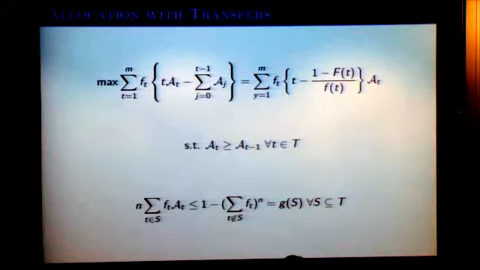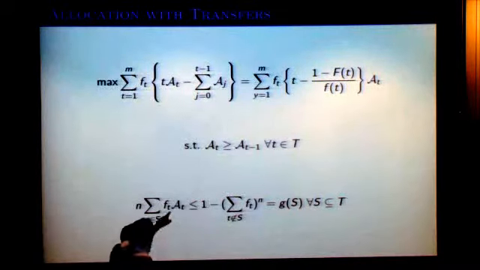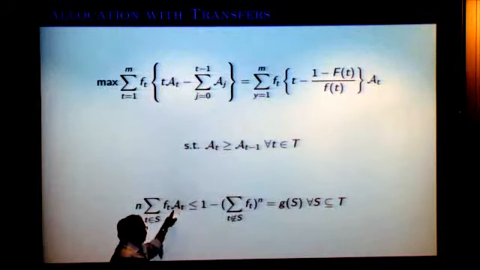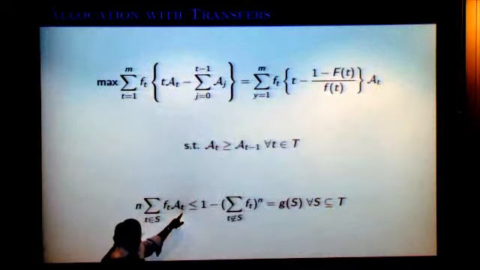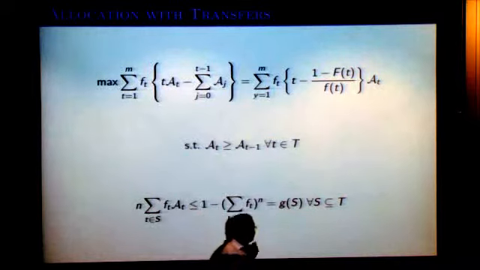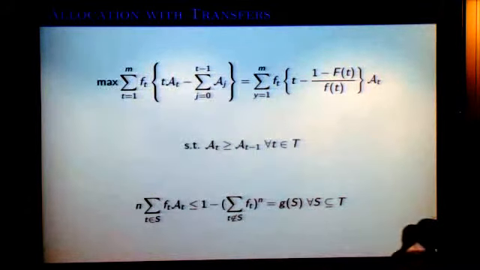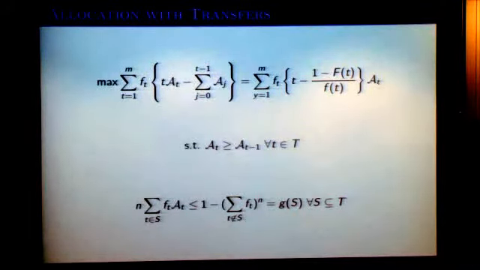Okay. Now, last catch. This gives me a solution in terms of the calligraphic A's. This doesn't give me the allocation rule, right? This only says something about your expected allocation. It doesn't say what the allocation rule is. But it turns out it's very easy to recover the allocation rule. Why is that? Because, as I said, think about the extreme points of a polymatroid characterized in terms of priority rules.